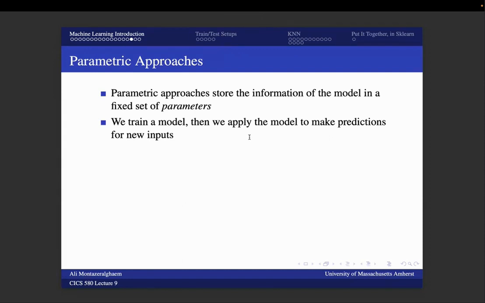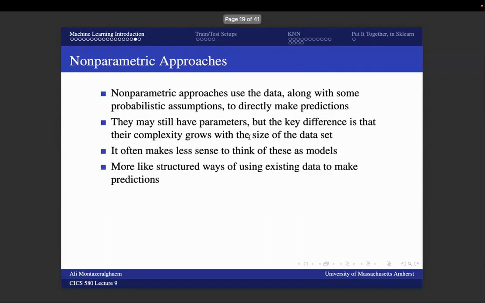Then we train a model and apply it to make predictions for new inputs. So this means that we have some parameters for the approach, and the goal is to learn those parameters and then use them to make a prediction for the new input. If our algorithm is based on these parameters, we can say that the approach is a parametric approach.